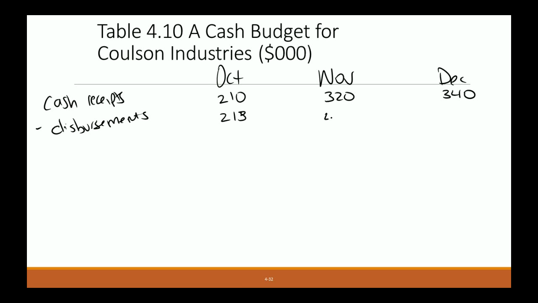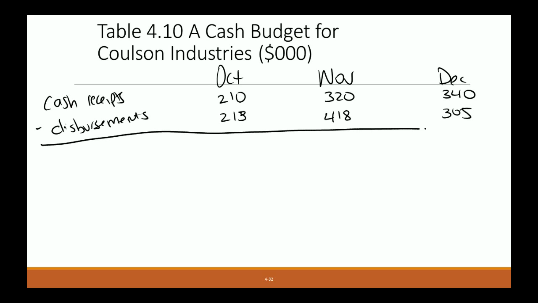So that gives us our net cash flow. So in October, we brought in 210, but we spent 213, so that gives us a -3. Okay, so we have our net cash flow of a -$3,000.